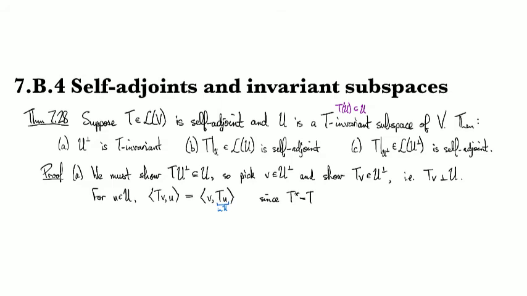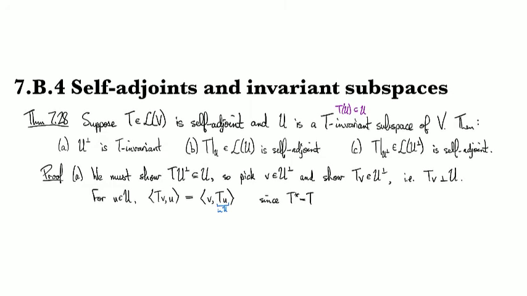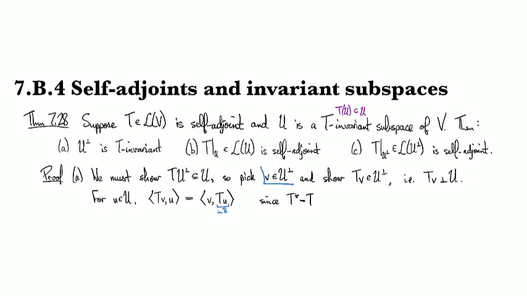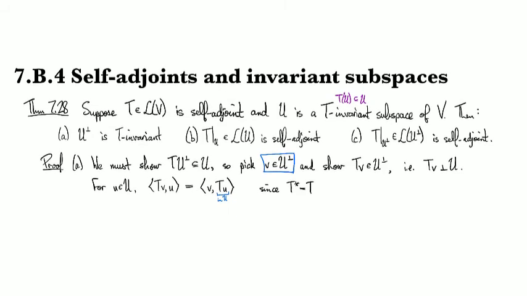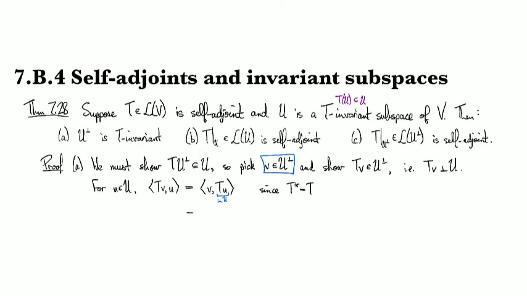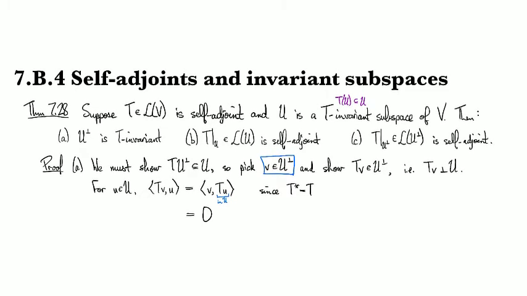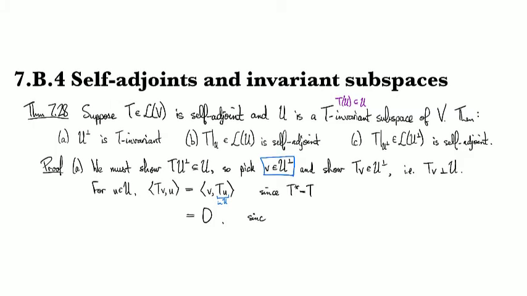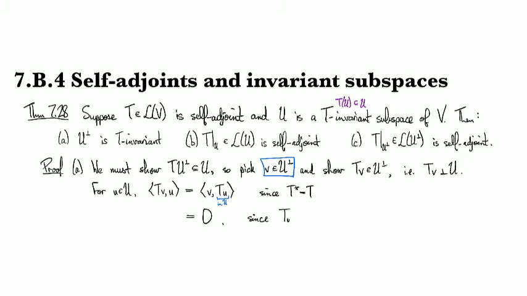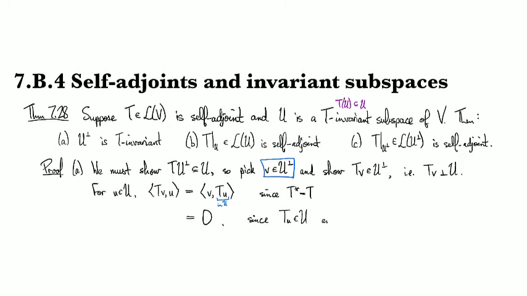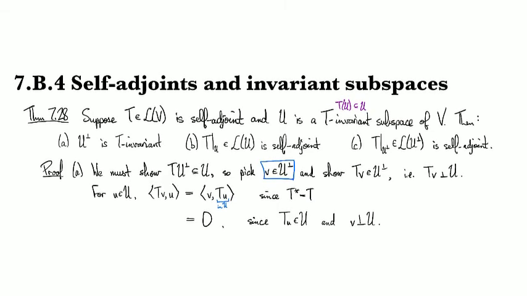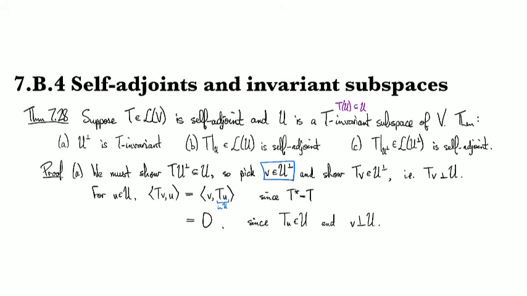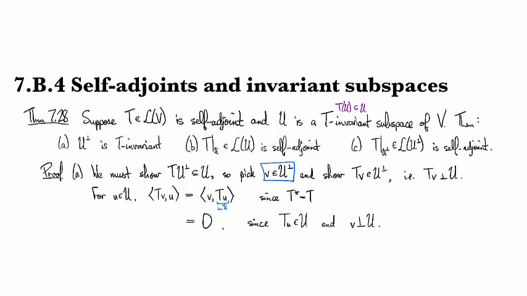And we picked v at the beginning to be an element of U perp, so it's orthogonal to anything in U. So in particular, this is 0. And we're done. Okay, so that's that one.